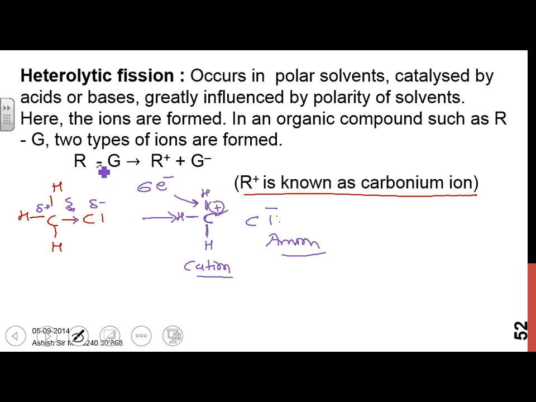During heterolytic bond fission, we produce R plus, which we call carbonium ion, or it is also known as carbocation. That means a group of atoms having carbon with a positive charge, and carbon has only 6 electrons, so its octet is incomplete.